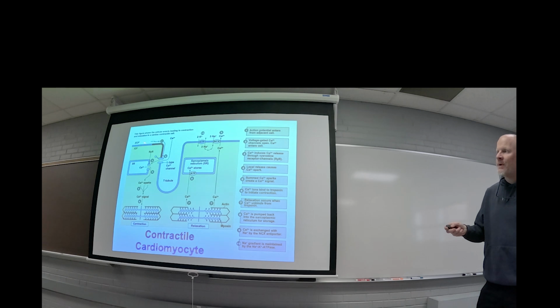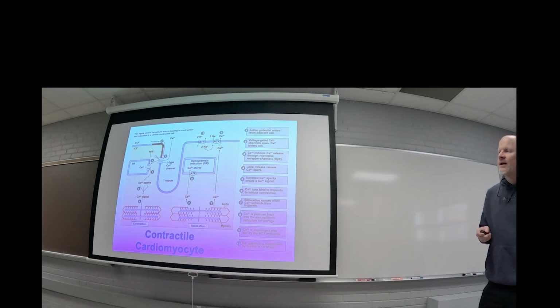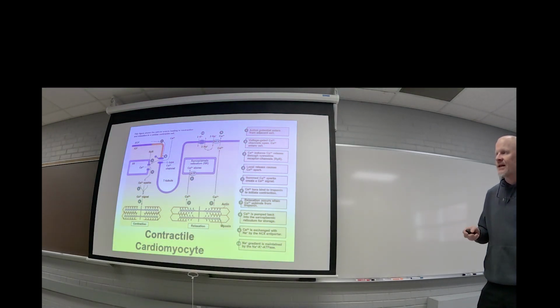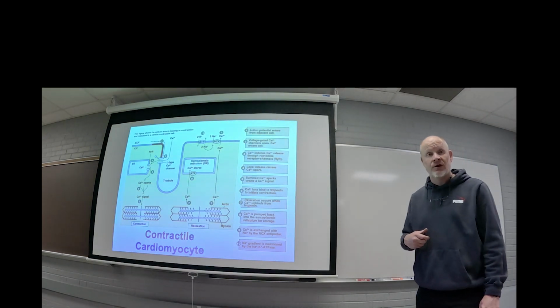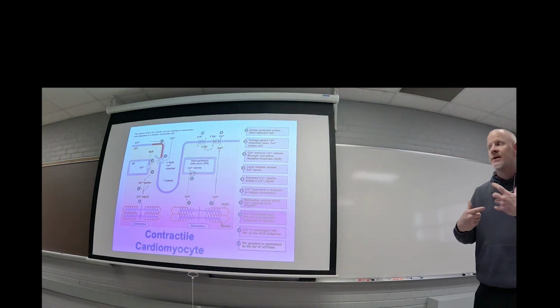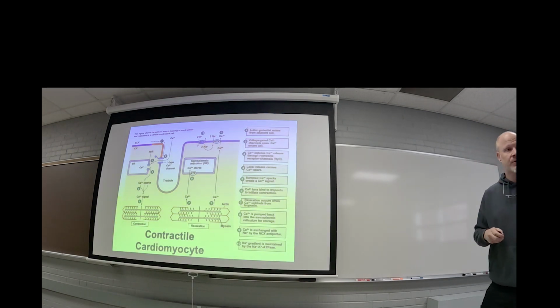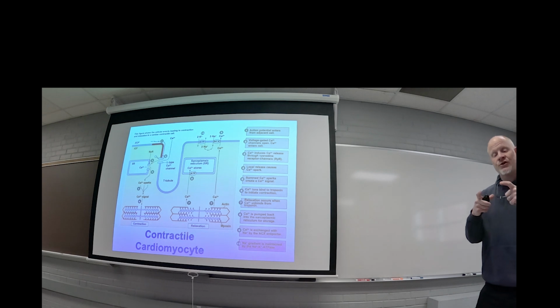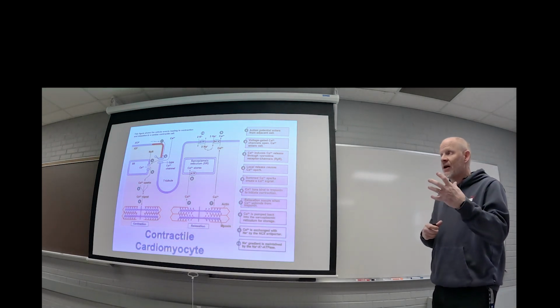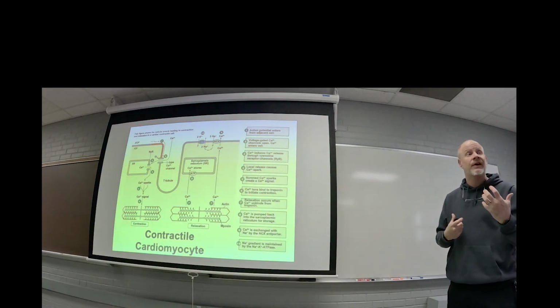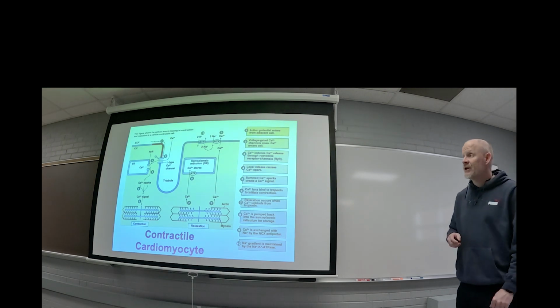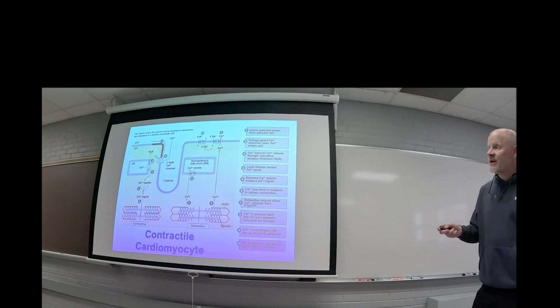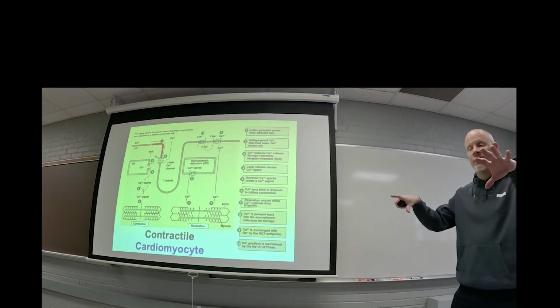So we have to open channels on the surface of our contractile cardiomyocyte, and the channels on the surface are mostly voltage-gated sodium channels, with a few calcium channels. That is the one major difference from the autorhythmic cells, which only use sodium channels in funny current. They use calcium channels only. These sodium channels are limited to the surface of the cardiomyocyte.